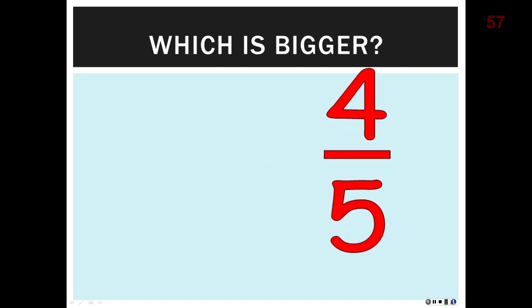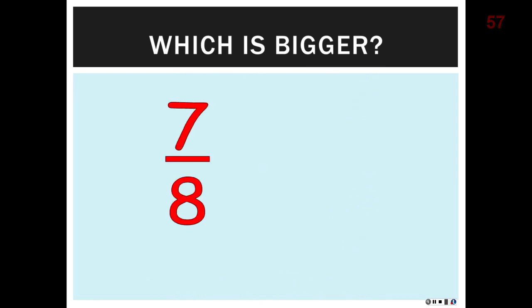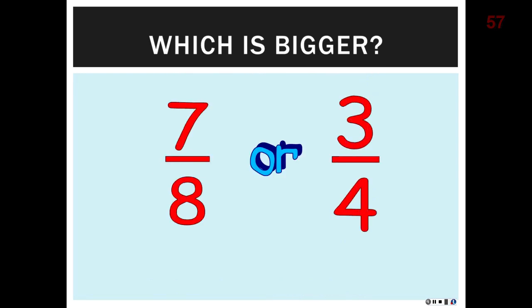You're not using my quick and dirty now. Come on. Which is bigger? 4 times 7 is 28, and 8 times 3 is 24.